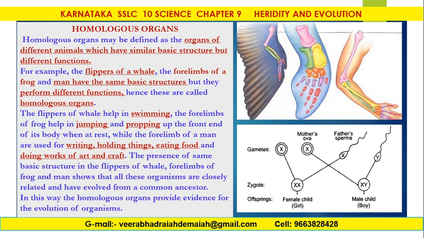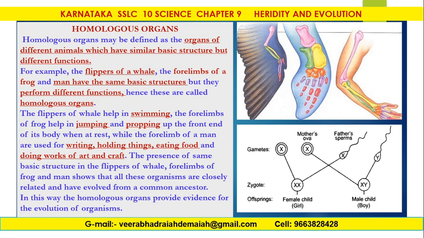Homologous organs may be defined as the organs of different animals which have similar basic structure but different functions. You can see this. The flipper of a whale helps in swimming, a frog's limb is for jumping and propping, and the human arm is for writing, holding things, eating food, doing works of art and craft.